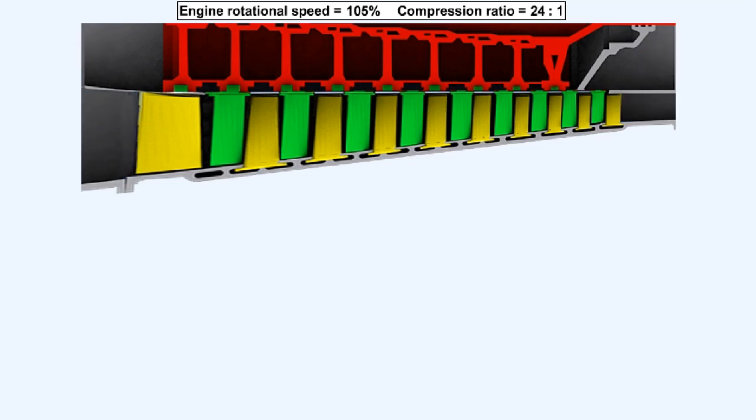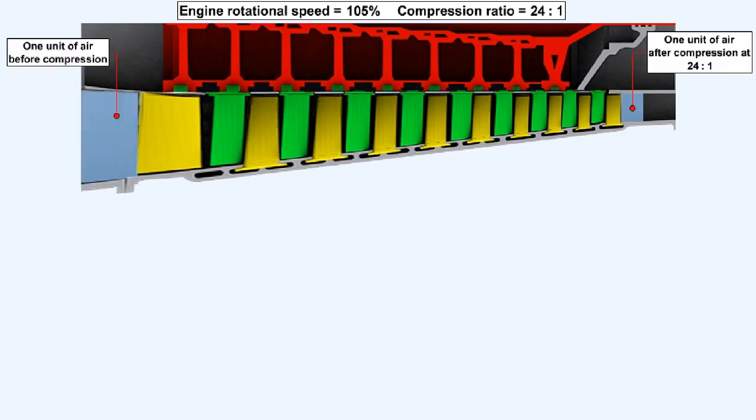If, on the other hand, the engine is allowed to rotate faster than its design maximum, then its compression ratio will increase accordingly. In this case, the engine is operating at 105% of its optimum figure, and the compression ratio has increased to 24:1. The volume of the 1 unit of air entering the compressor will reduce further than it would at 100% RPM, because the compression ratio is now 24:1.